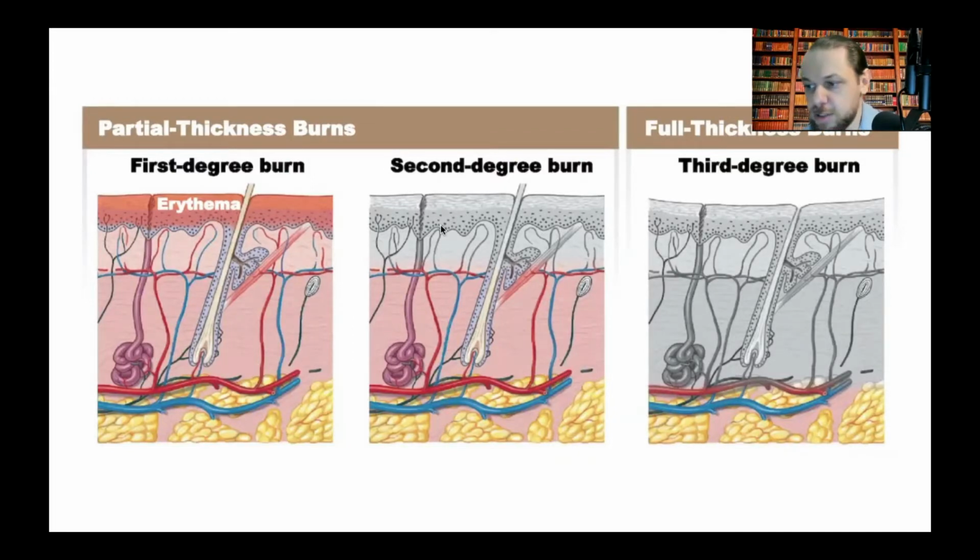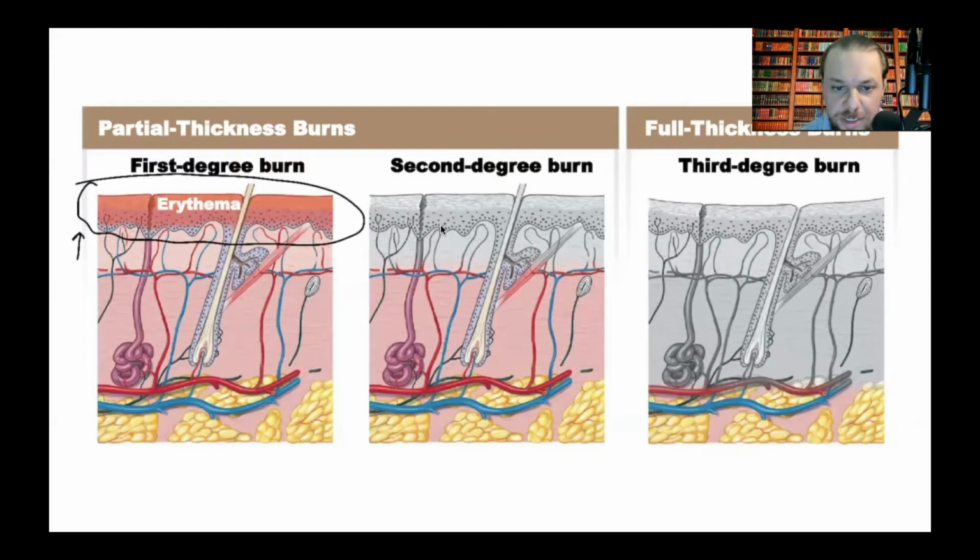The reason the layering is important is that when we get to the clinical component and you start to classify different burns, you have a first degree burn, which is the top portion, where you have erythema or redness formation. Classically, this is from sunburn. Your skin is usually intact in these burns, and only the superficial layers of the skin are affected.